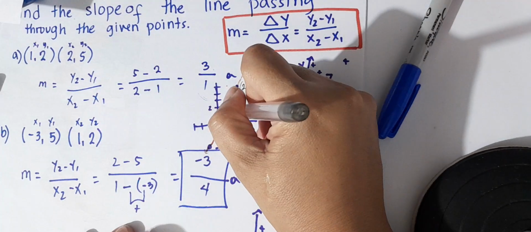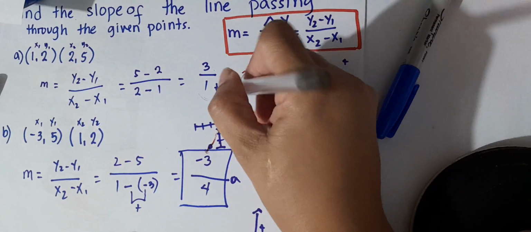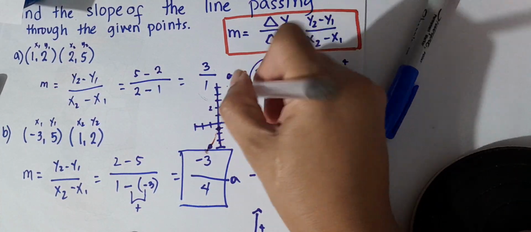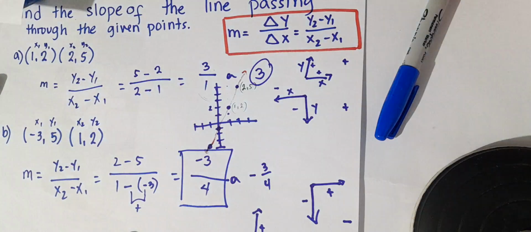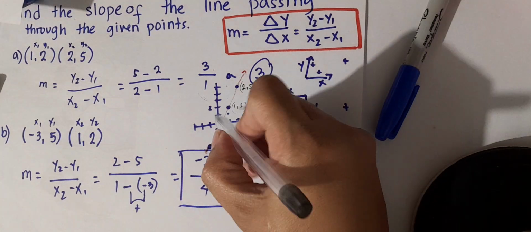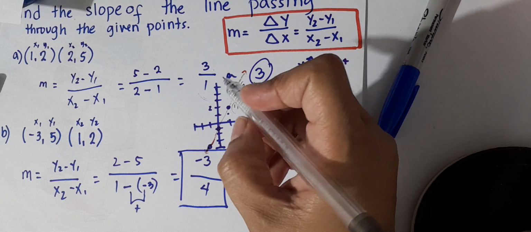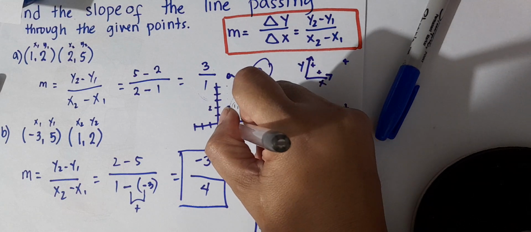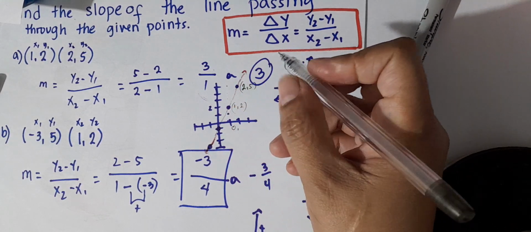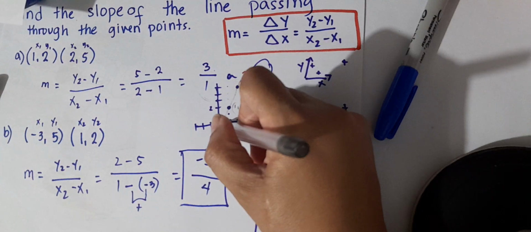And then the other one will be 1 and 2. The other points, the x will be 0 and the y is 1.